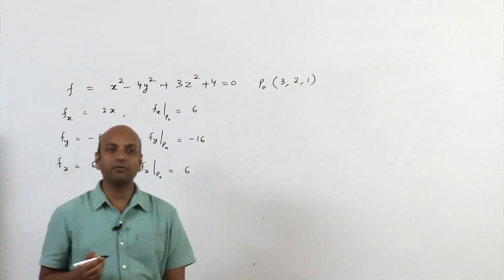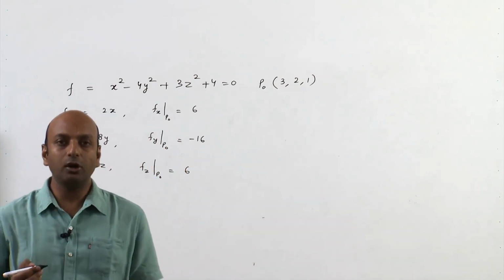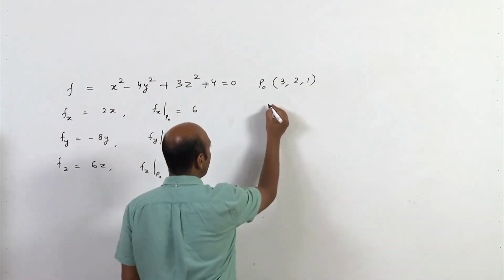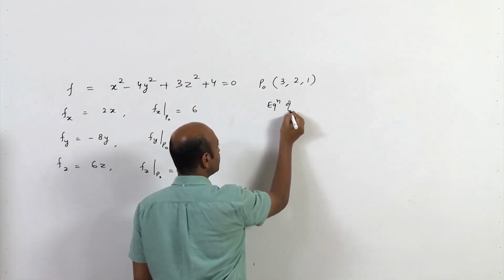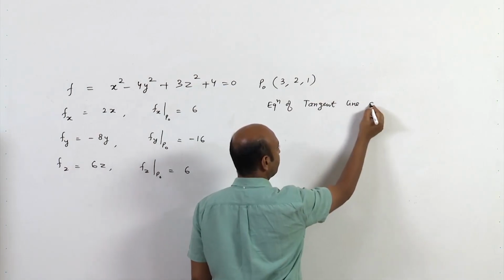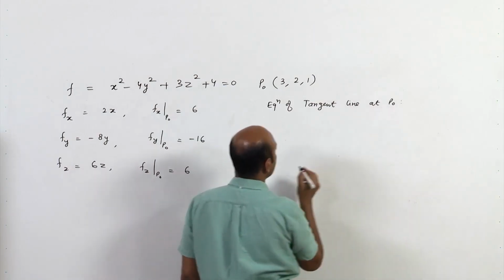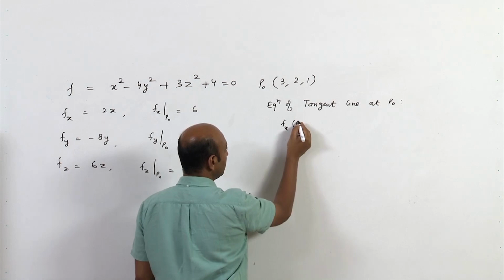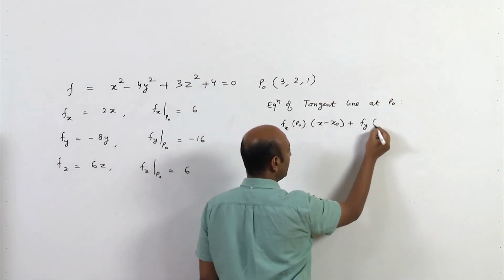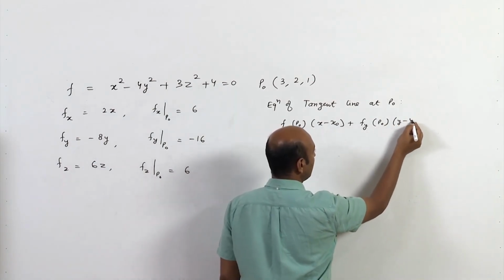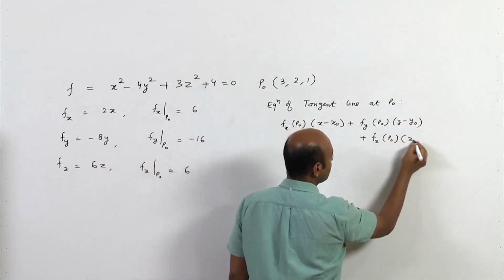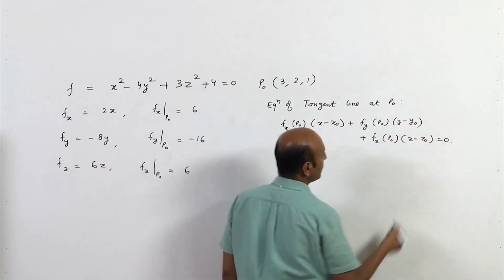So, what will be the equation of the tangent plane at P naught? It will be fx at P naught (x minus x naught) plus fy at P naught (y minus y naught) plus fz at P naught (z minus z naught) equal to 0.